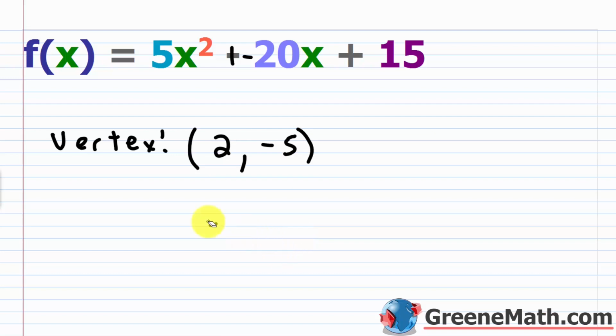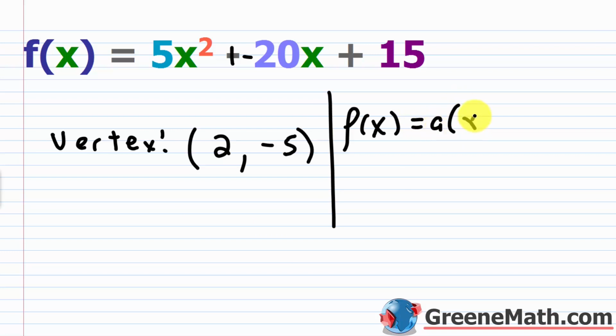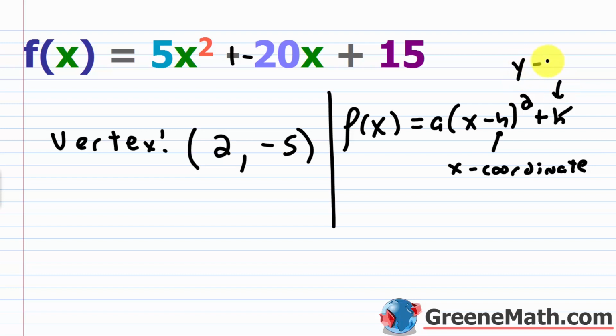If you wanted to write this in vertex form, again, just match things up. It's f of x equals a times the quantity x minus h squared plus k. So h is going to be your x coordinate, and k is your y coordinate. I'm going to run off the screen, so let me scooch that down.